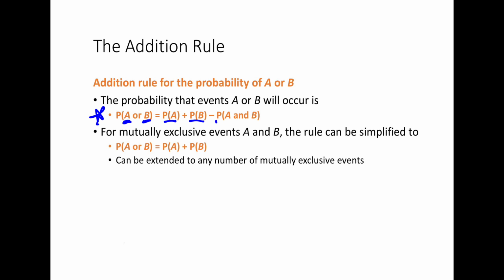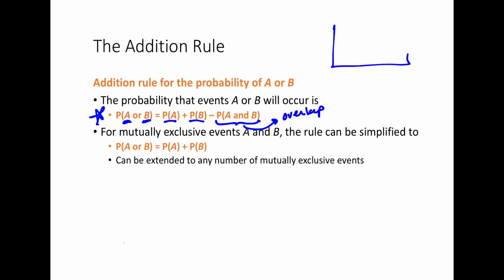The last part here is minus the probability of A and B. This is the overlap of our circles, right? The times where they would overlap with each other, and what the probability of that overlap would be.